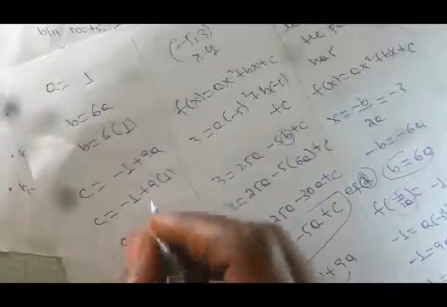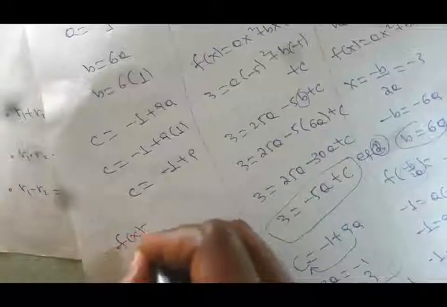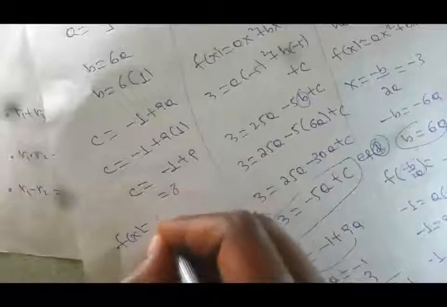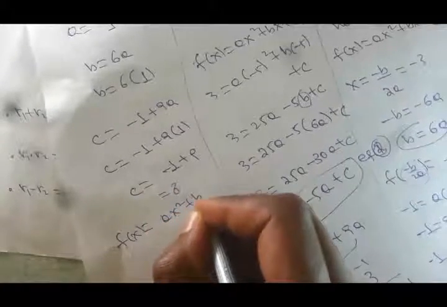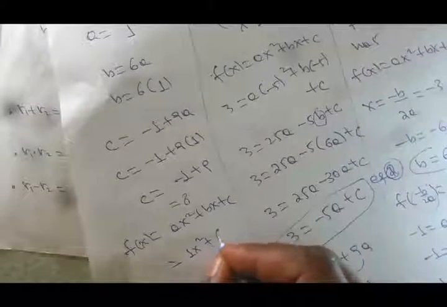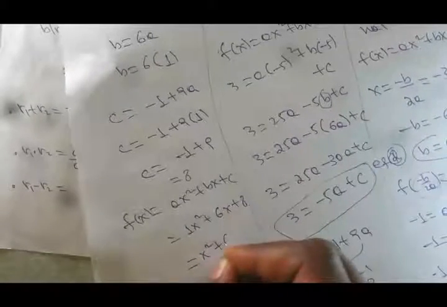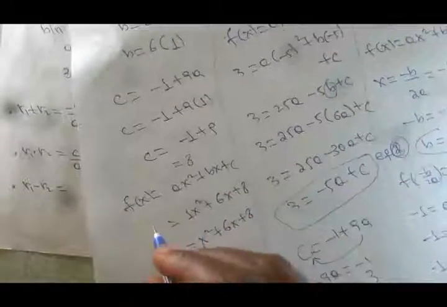Therefore, c is equal to minus 1 plus 9, which is 8. And the quadratic equation has a form of f of x is equal to ax square plus bx plus c. Therefore, the value of a is 1, so 1x square plus the value of b, 6x, plus 8. Therefore, x square plus 6x plus 8 is the equation of the parabola. This is our first equation.